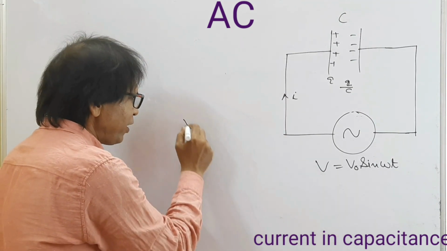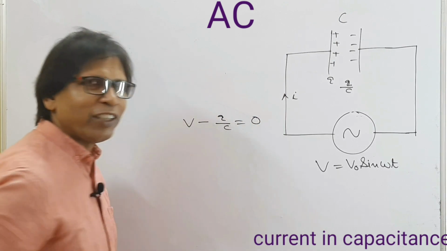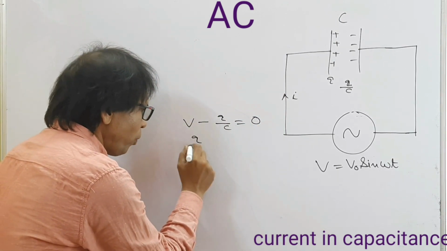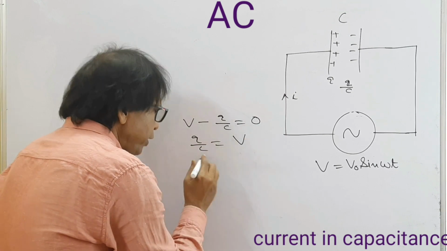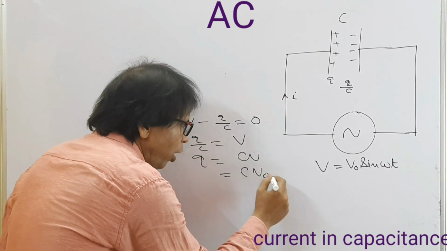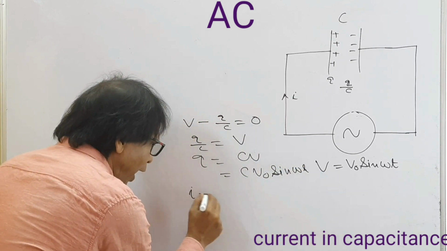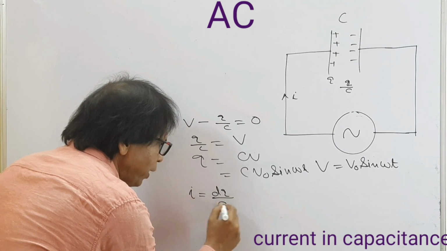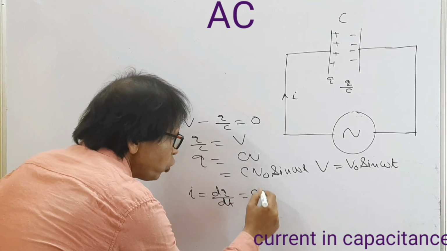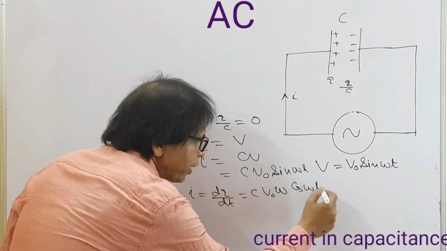Look at this, V minus Q by C equals 0. Therefore Q by C equals V. Therefore Q equals CV equals C V naught sin omega t. Now the current I equals dq by dt. So this is C V naught omega cos omega t.